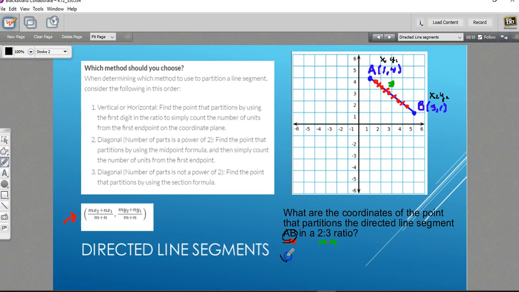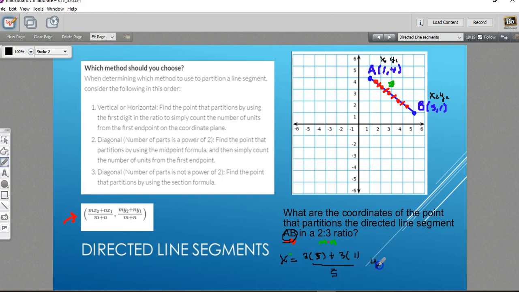We know that x is going to equal, now use this formula right here, 2 times x2, which is 5. Can't read it because of my handwriting. 5 plus n, which is 3, times x1, which is 1, divided by m plus n, which is 5.